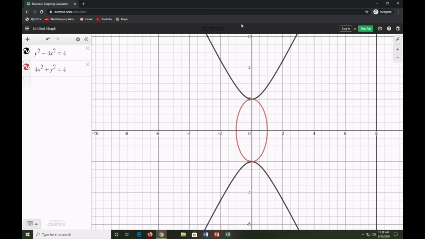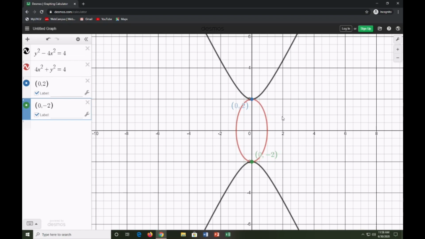Okay, and we found those intersection points, right? One of them was at 0, 2, right there, the blue point. The other one was at 0, -2, the green dot that you see there. So we identified those 2 intersection points between the 2 curves. Do you see what those solutions mean?